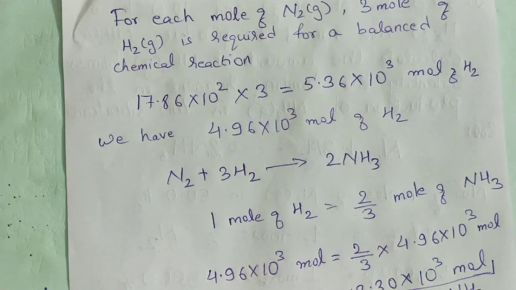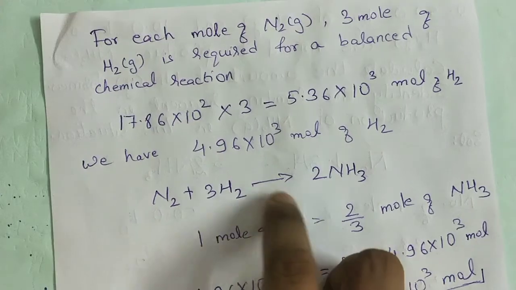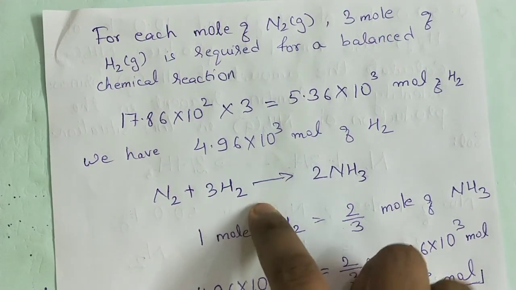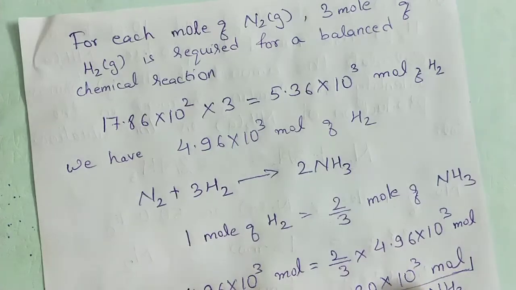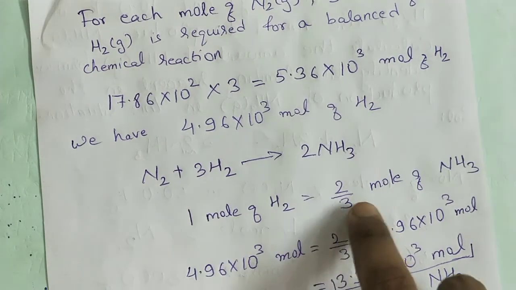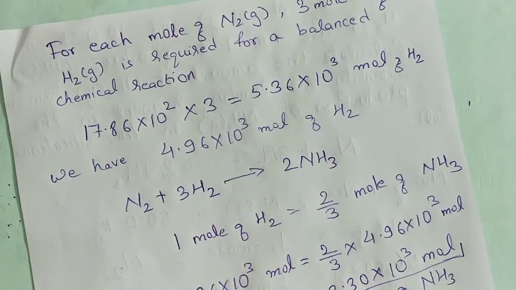So the amount of ammonia gas which is actually produced in the chemical reaction is dependent on the hydrogen gas present. In the balanced chemical reaction, we observe that 3 mole of hydrogen gas gives 2 moles of ammonia gas, which means 1 mole of hydrogen gas will give 2/3 mole of ammonia gas.